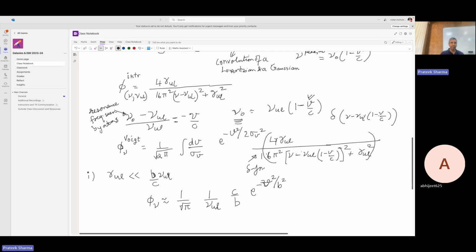See, this v is not the one we already integrated over. This v here is just something we are using to write frequency in terms of v.